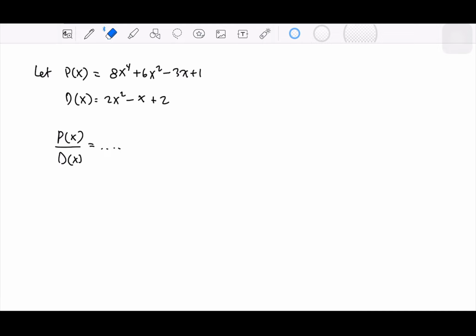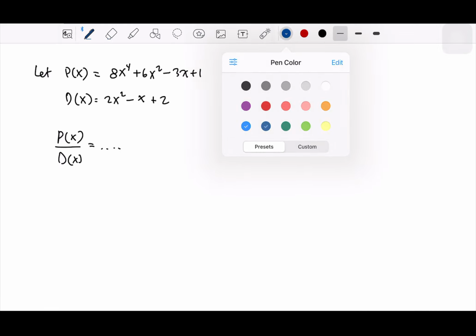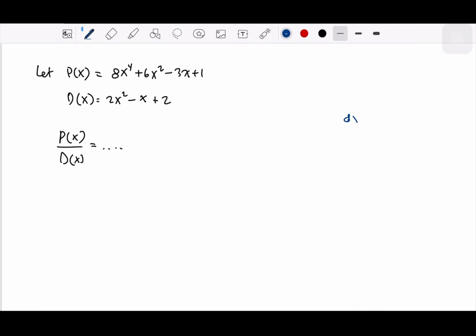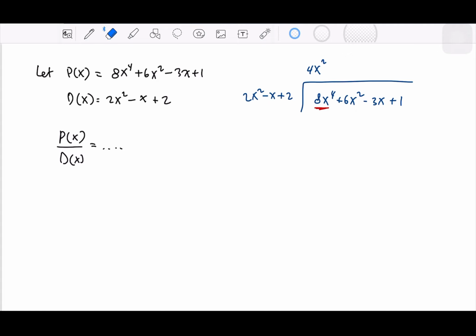Let's start at x to the 4th and divide with this. And remember, we start from the biggest one, the highest degree. So 8x to the 4th, so we have 4 and then x squared. So we need to make it the same. So 4x squared.